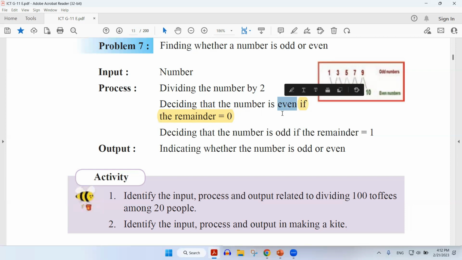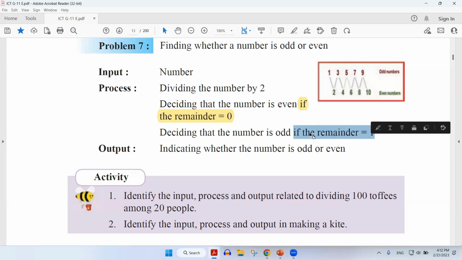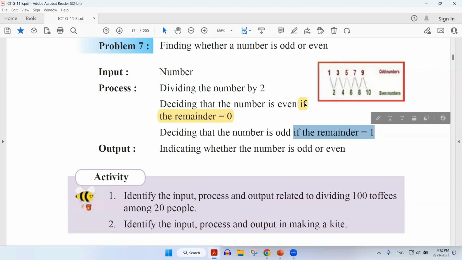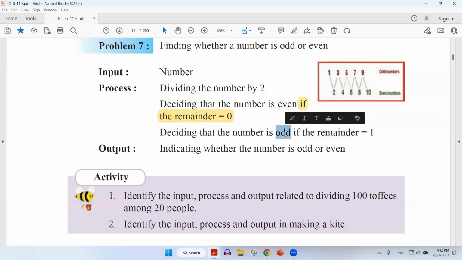Even though the problem says if the remainder equals 1 then it is the odd number, without considering this, we can determine the odd number by this same condition. If the remainder equals 0, then it is an even number. If it is not 0, then it can be considered an odd number, right? Simple as that.